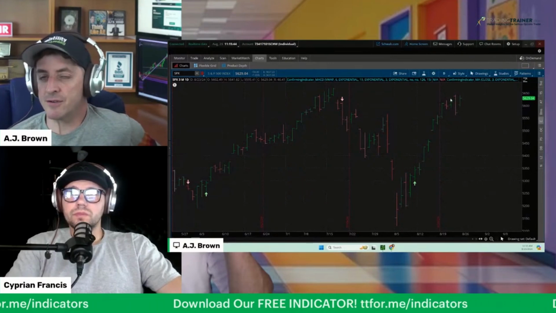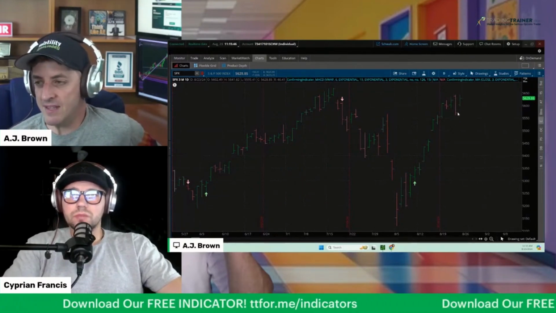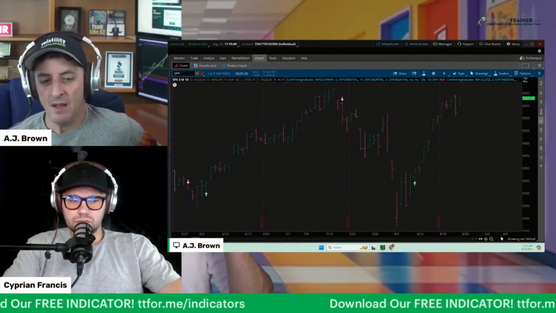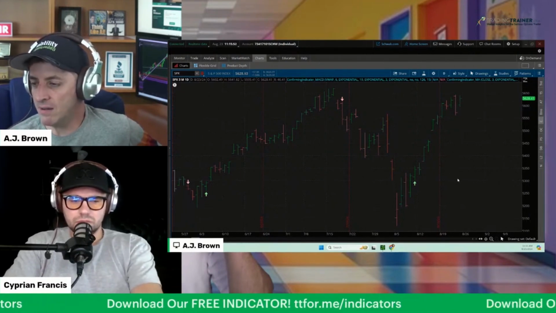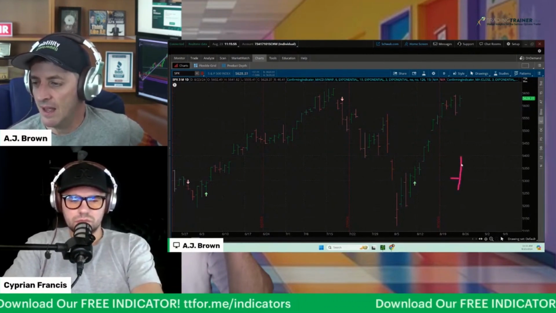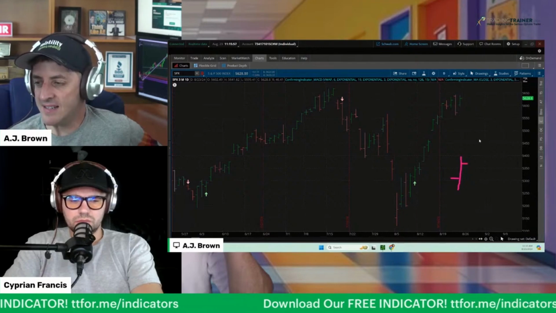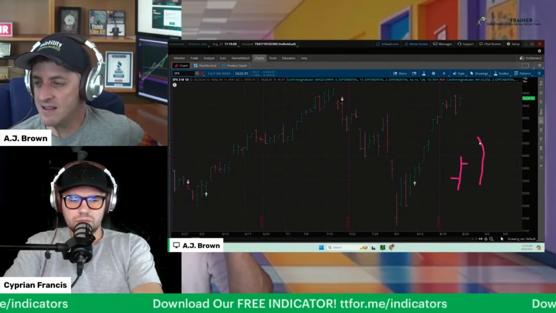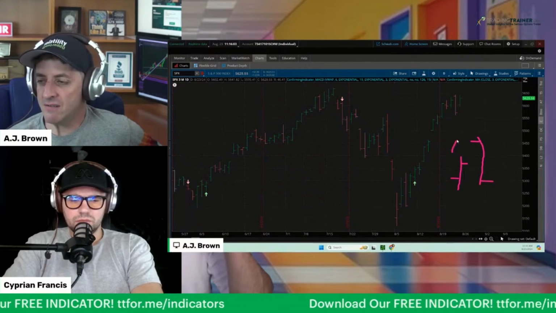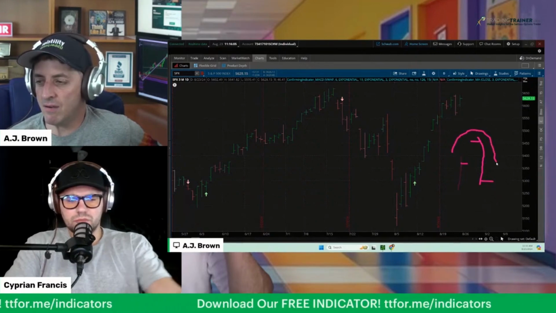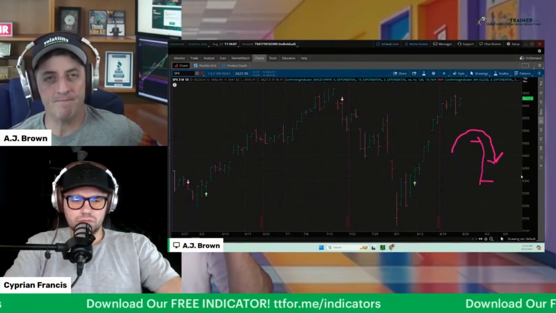But the key reversal up or down, this is a key reversal down pattern. What it is, Sip, is when you have one bar, and then the next bar has a higher high, but then a lower close. And what that usually tells you is that you're perhaps finding a top.